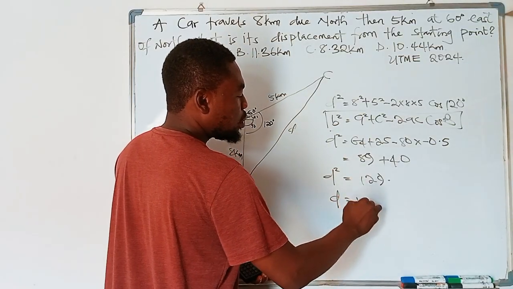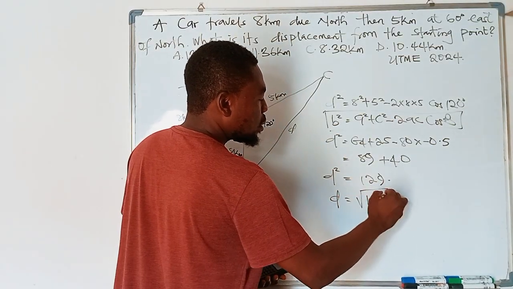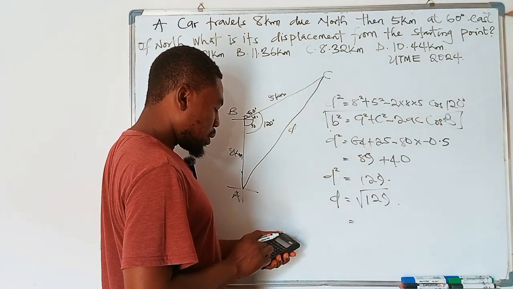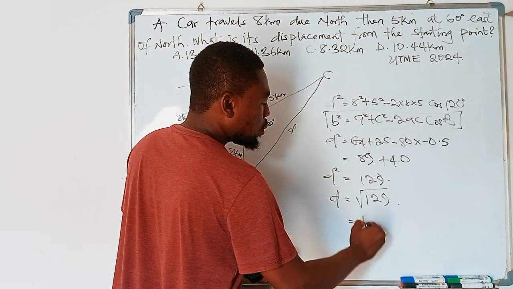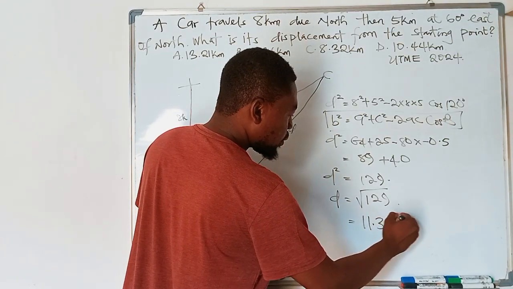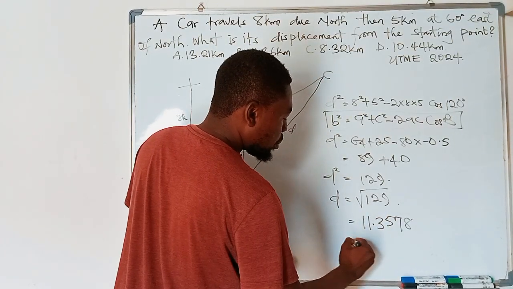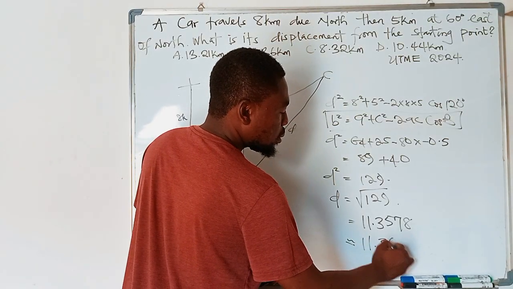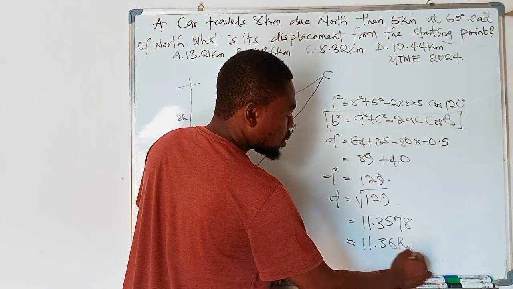D will now be equal to the square root of 129. What is the square root of 129? The square root of 129 is equal to 11.3578, which is approximately 11.36 kilometers.